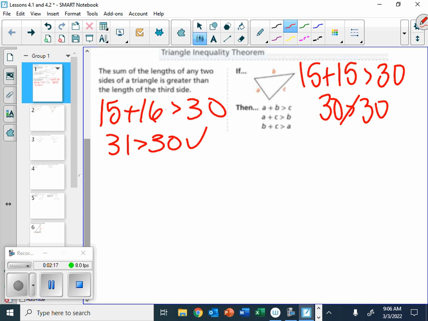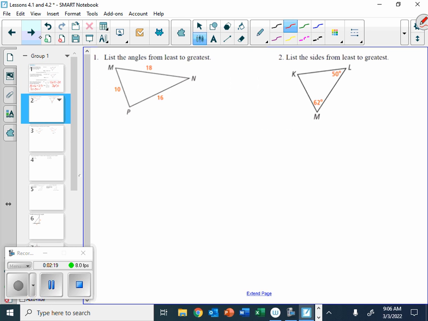Alright, so let's put this into context. For this first example, I am listing the angles from least to greatest, and I'm given the side lengths. What my theorem said was, for example, the smallest side is going to be opposite the smallest angle. Remember that sides we're going to list by lowercase letters.